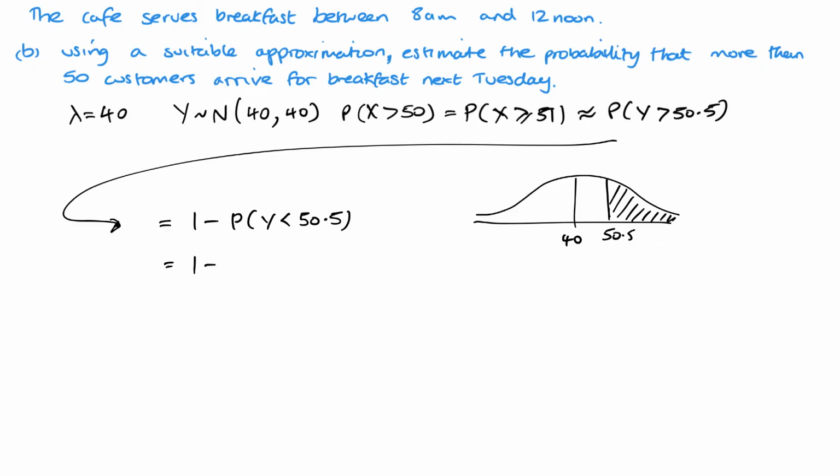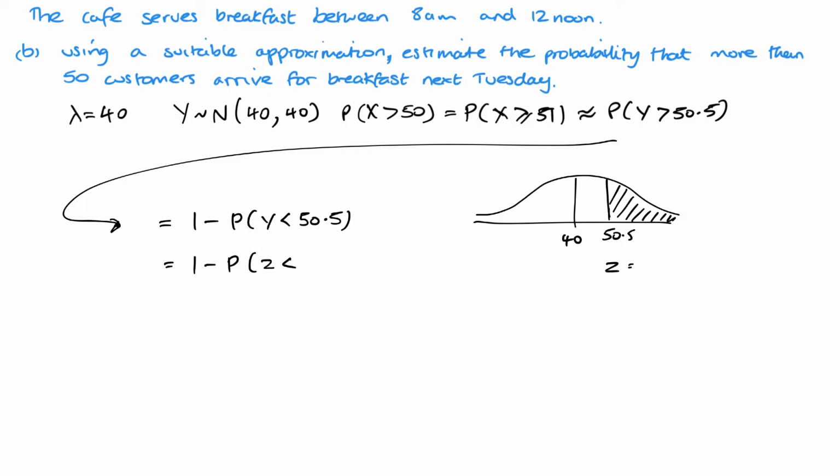So I can do that within the question, or I can do it separately. I do often like to do this separately. I just find it a little bit easier that way. So let's just pop this up ready.